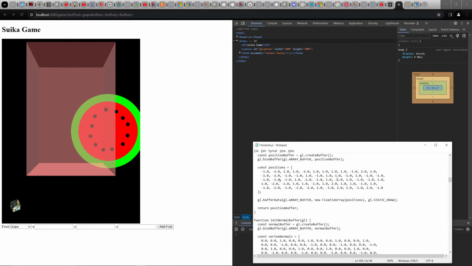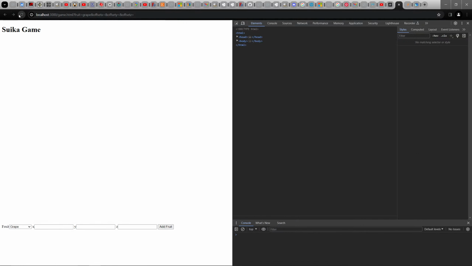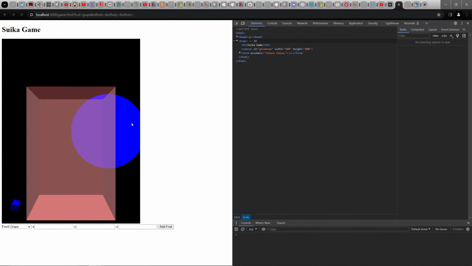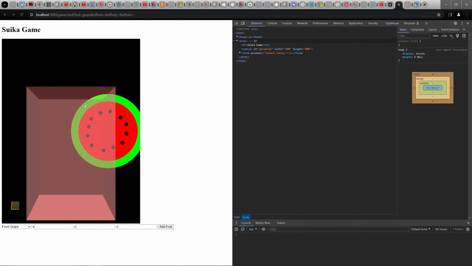So 2, 1, -1, -2, -2, -2, 2, 1. All right, let's try it now. Yeah, more like it. So this is the container that we're going to be dropping food into.